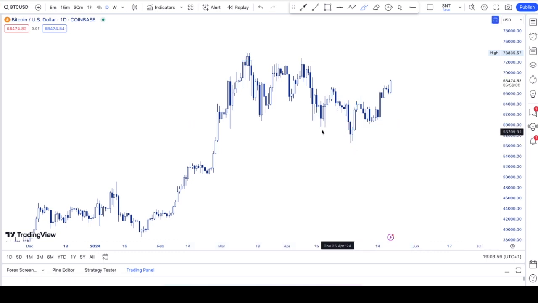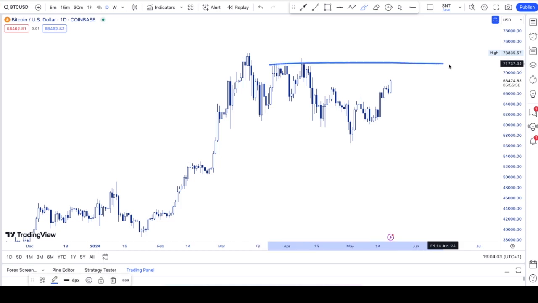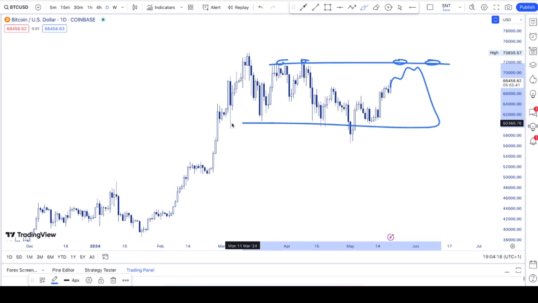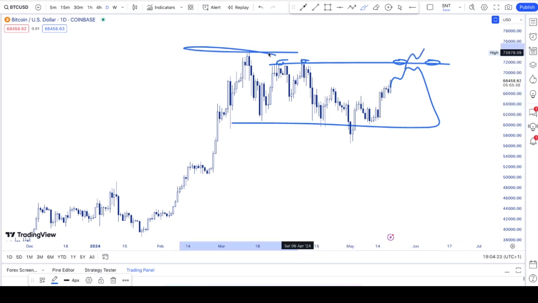Now, the up and coming week, I would be looking for Bitcoin to start heading into this resistance area and start trying to retest the $72,000 level, and it would be really interesting to see what happens when price gets up to here, because price could possibly get rejected again, come retest these lows, or we're going to get above this level, break the previous all-time highs, and then start flying to the upside towards $80 or $90,000.